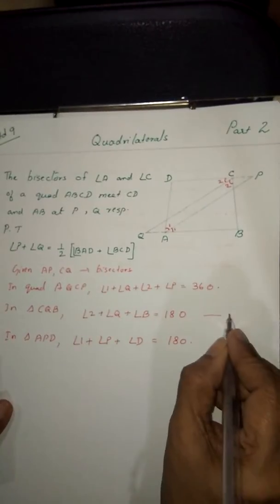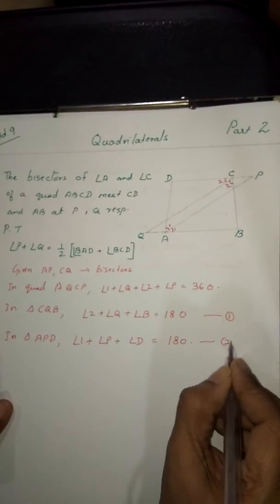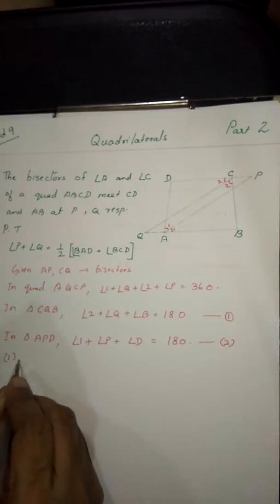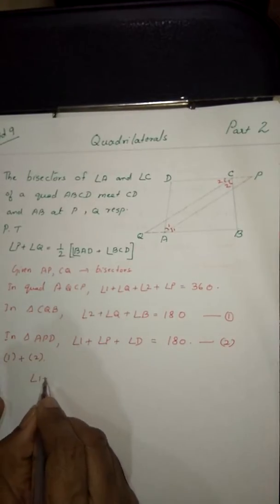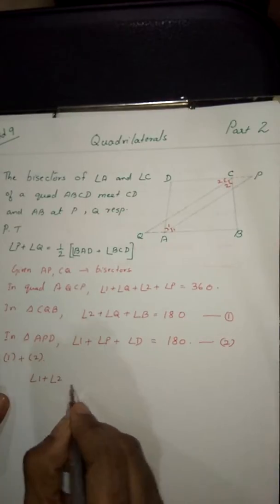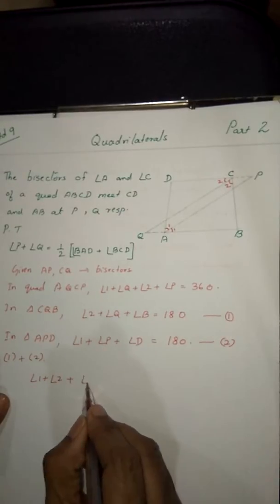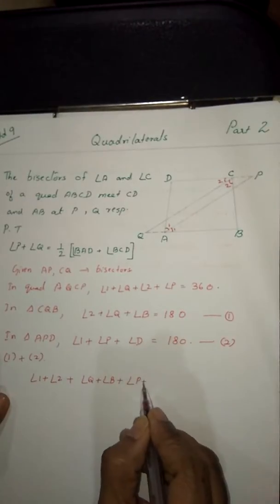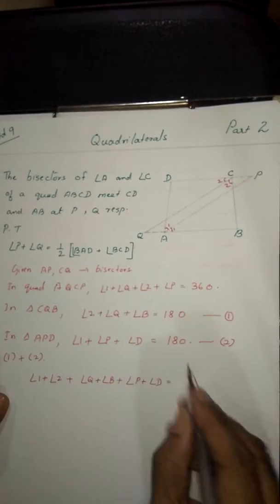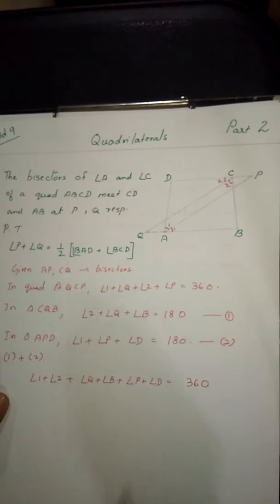Now we will add these two equations. So adding the two equations, we get angle 1 plus angle 2 plus angle Q plus angle B plus angle P plus angle D is equal to 360.